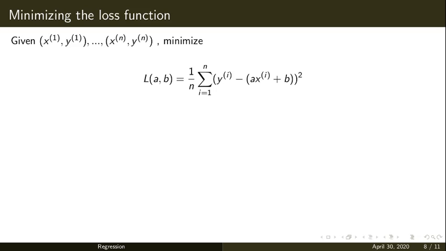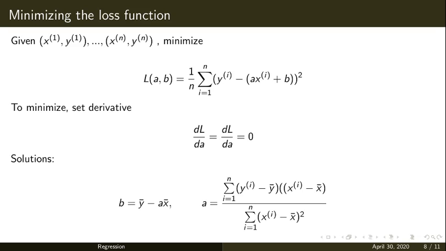Given x1, y1, x2, y2, etc., xn, yn, minimize the loss function a comma b, 1 by n sigma i equal to 1 to n, yi minus axi plus b, the whole square. To minimize, we set the derivatives dL by da and dL by db equal to 0.